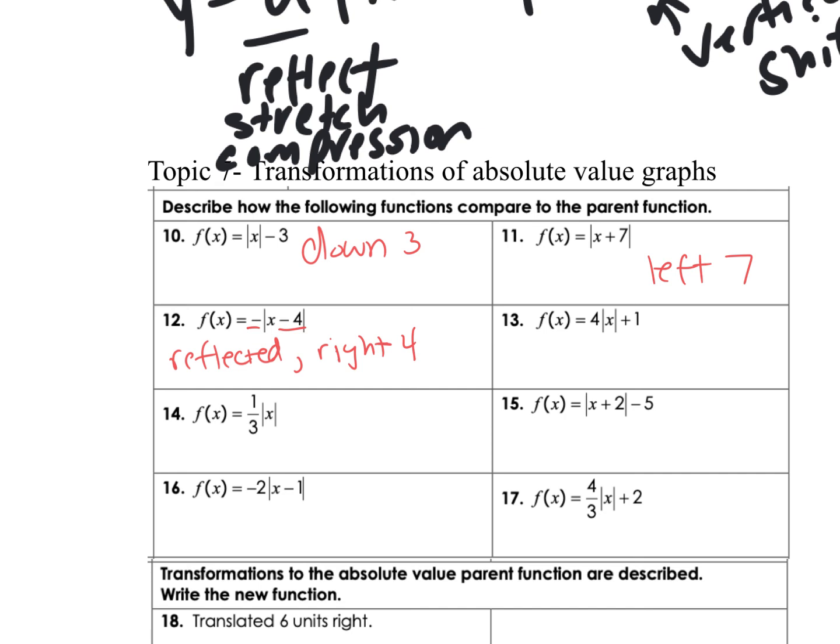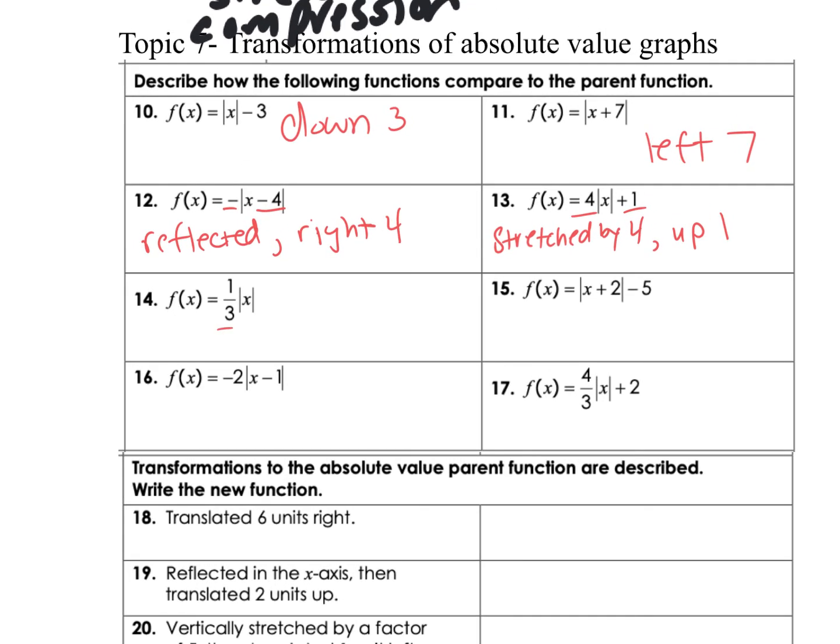13, 4 for A, and so this is stretched by 4, and K is 1, so that is up 1. Number 14, A is 1/3, that is compressed by a factor of 1/3.